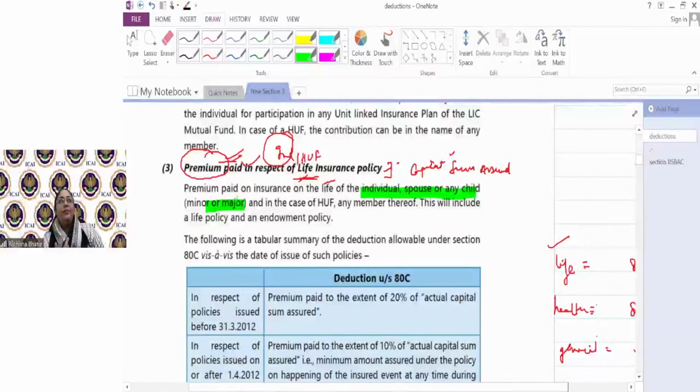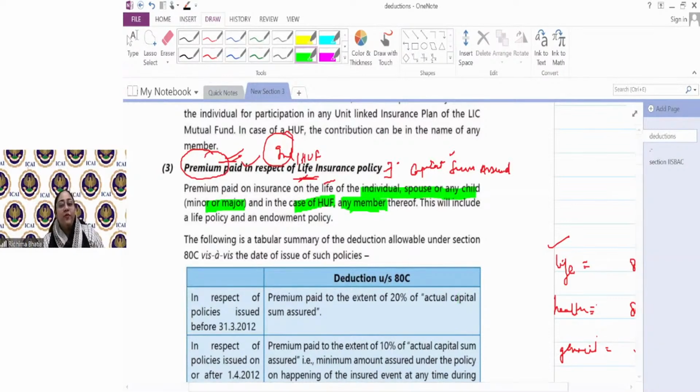I can pay the premium for my child's life insurance policy and claim deduction. I can pay the premium for my wife's or my husband's or child's life insurance policy and claim the deduction, or I can pay the premium for my own life insurance policy and claim the deduction. Okay, and the HUF can insure its members, and they can claim the deduction on it. Got it? I'm going slowly, and I hope you are getting the gist of it.